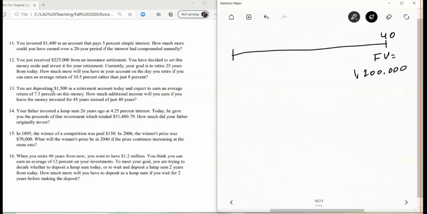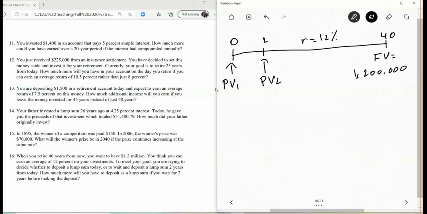So here R is equal to 12%. To meet your goal, you are trying to decide whether to deposit a lump sum today. So your first option is to invest a certain amount of money at time t equals 0. This will be PV1. Or to wait and deposit a lump sum 2 years from today. Your second option is to make your lump sum investment after 2 years. I will call this PV2.